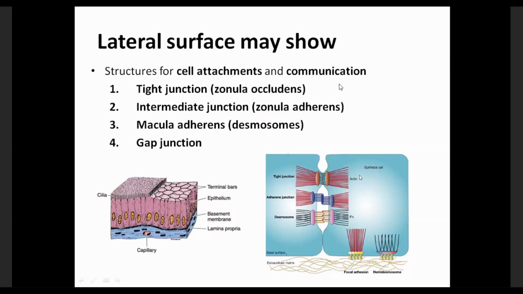Then I have to quickly show you what we have such structural modifications on the lateral surface. I have finished about the apical surface modifications in some epithelial cells. Again, on the lateral surface of some epithelial cells, we have structural modifications for purpose of connecting them together.